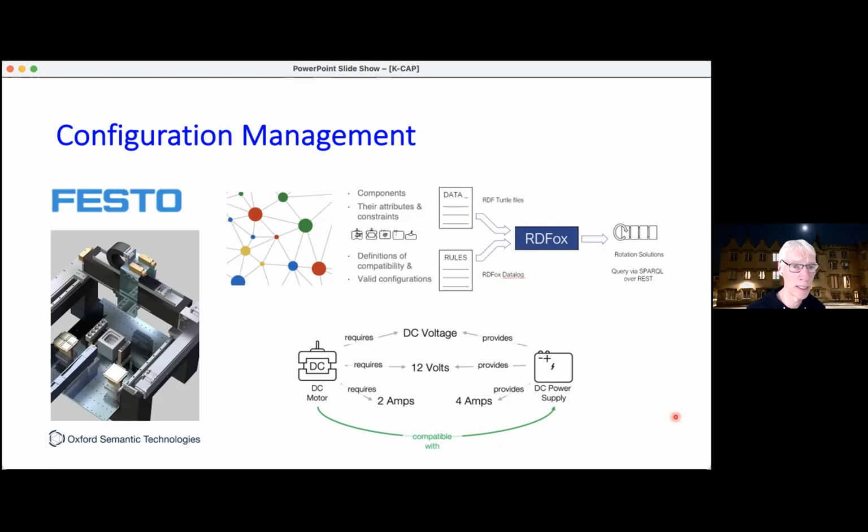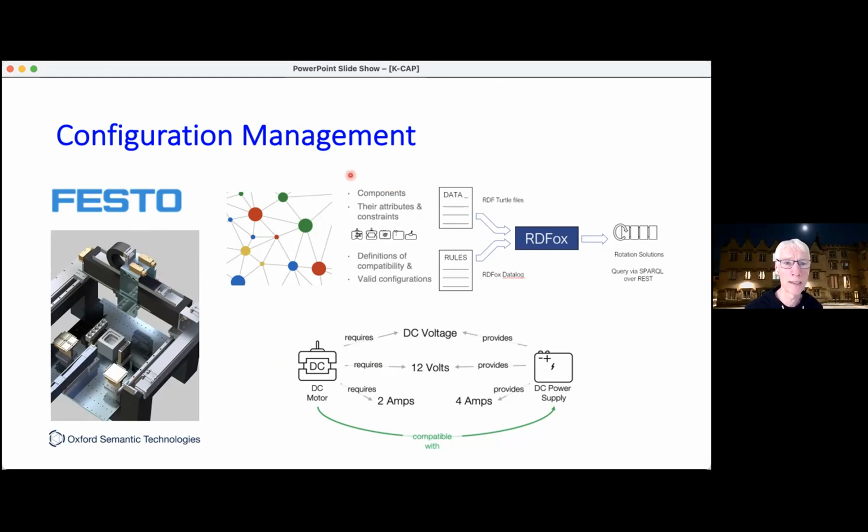One example is at Festo, where they're using RDFox for exactly this purpose. Festo, in case you don't know, is a German-based multinational that produces robotics and production line equipment systems that are huge and incredibly complicated.